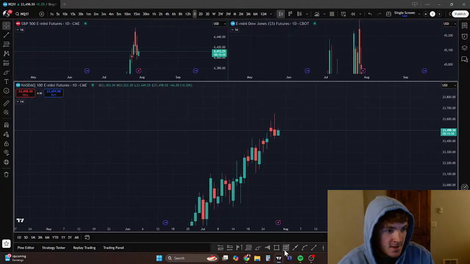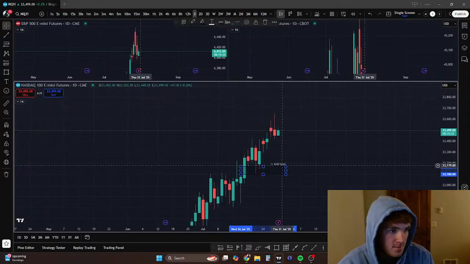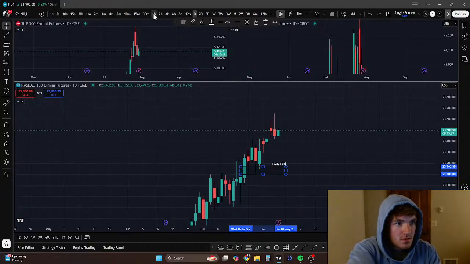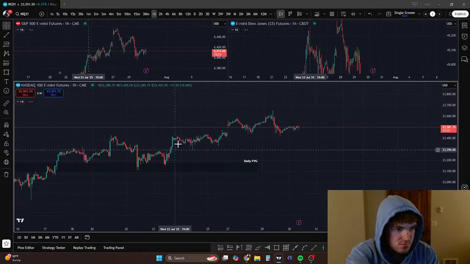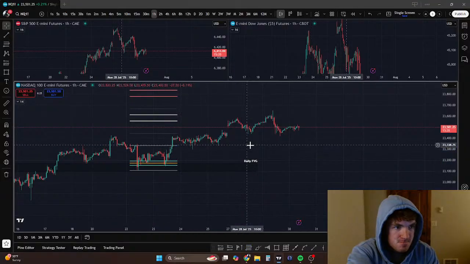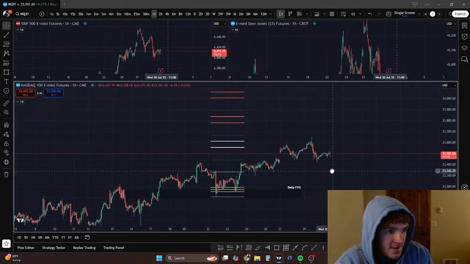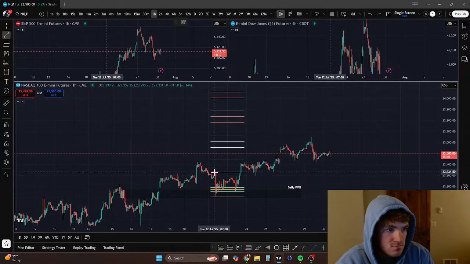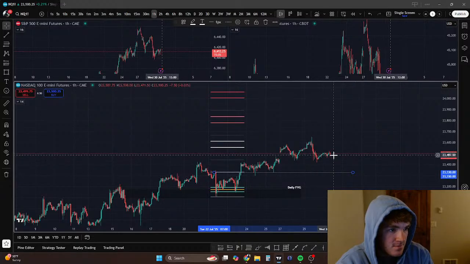We had this daily fair value gap, and obviously we have this. So we hit that first standard deviation, and now we're kind of just in this consolidation.